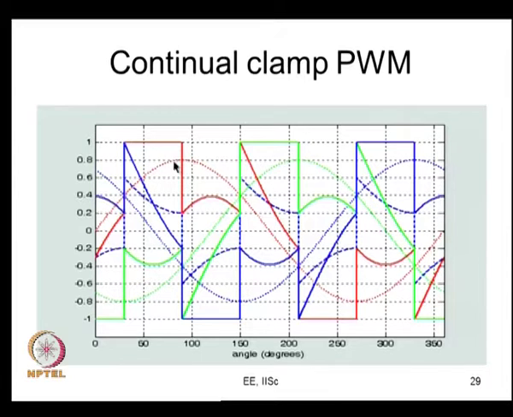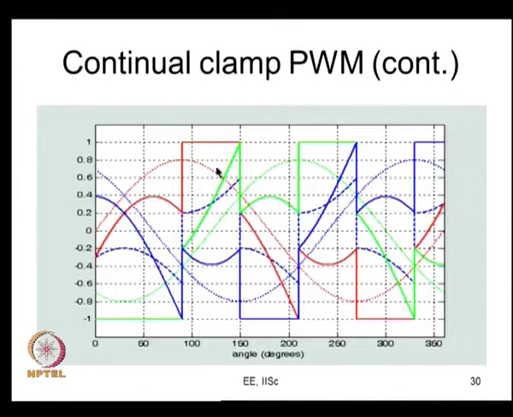At other power factor angles, between 0 to 30 degree lag, it is reasonably alright. For leading power factor angles, this is not a very good idea, whereas this is a very good idea for lagging power factor angles. For a lagging power factor angle of 30 degrees, this gives the lowest switching loss for a given current amplitude. So, typically for an induction motor drive, it might be a good idea to operate with such a continual clamp PWM method, because induction motor drives operate at some lagging power factor angle.